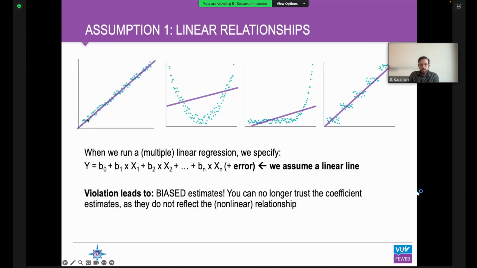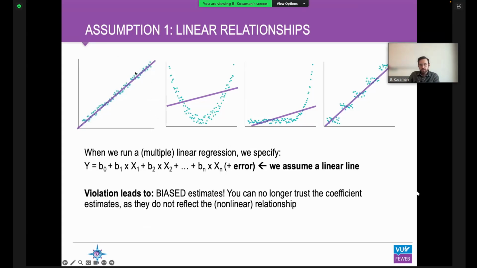It will be the line that minimizes the vertical distance between these data points and this line, because that represents the error, right? We saw this yesterday.